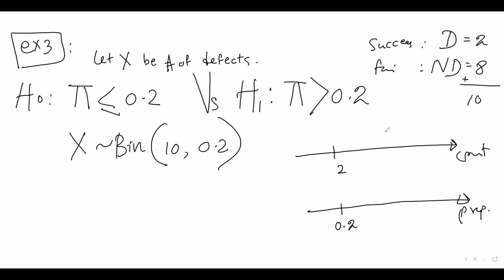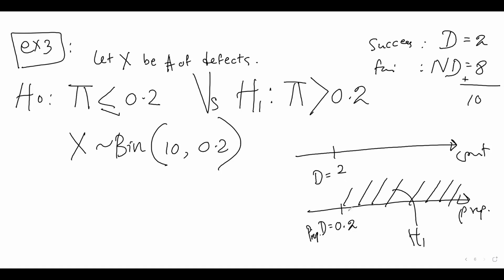So here, this is our alternative. The number of defects is 2, right? We are checking whether the proportion of defects, which is 0.2, is greater than 0.2. This is our alternative, right?